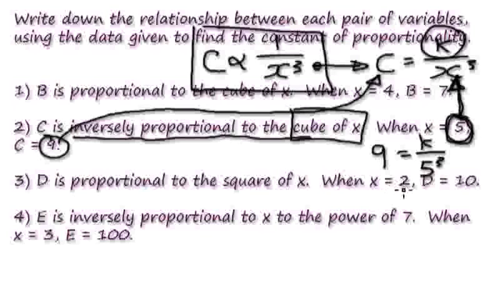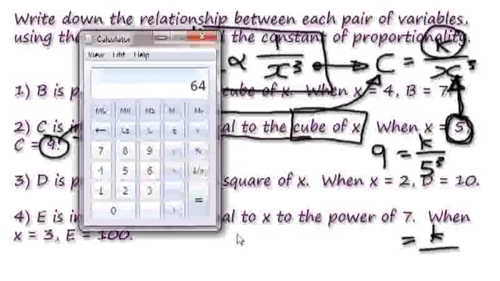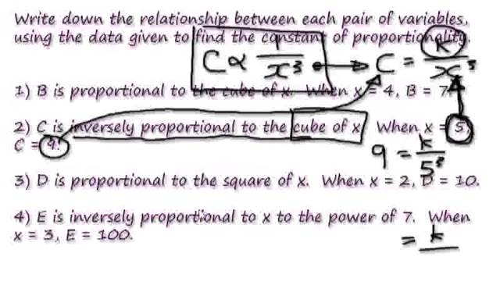Now it's just a matter of working out k. Let me get a calculator. So this will be k over something. So 5 times 5 times 5 equals 125.